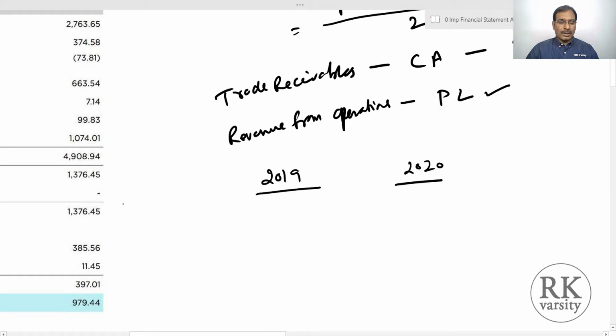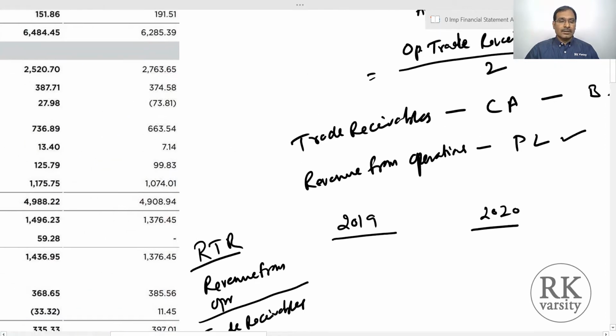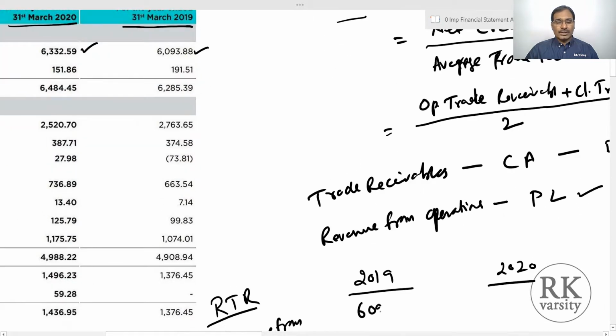So we calculate this for 2 financial years, 2019 and 2020. Your receivables turnover ratio is equal to revenue from operations upon trade receivables. Here our revenue from operations is 6093.88 crore in 2019 and 6332.59 crore in 2020.